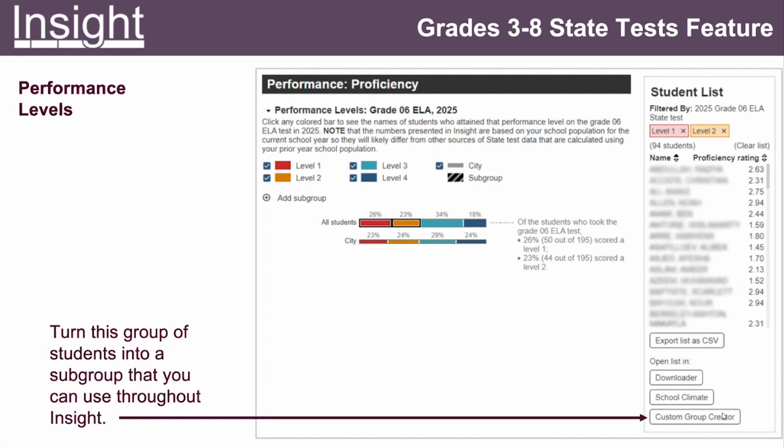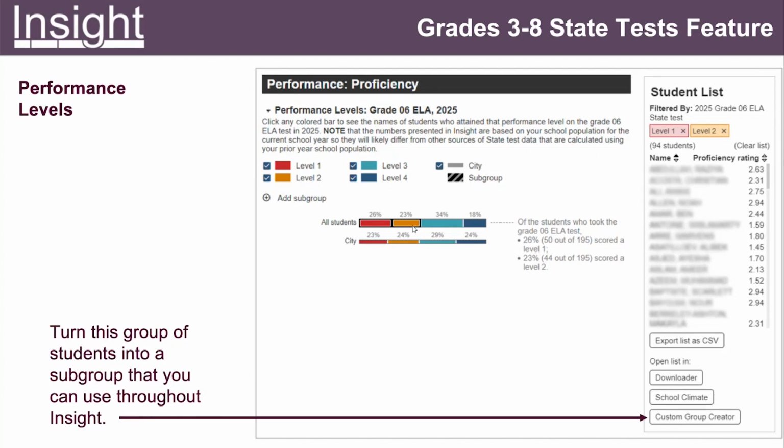Again, that functionality is only available if you are a school user, like you only support one school, you're a teacher, a principal, or an AP. If you're from district or central, that functionality is not applicable for you. So to do that, you have the list. Let's say I want to create a list of all the students who performed at level 1 and 2 on last year's 6th grade ELA exam.